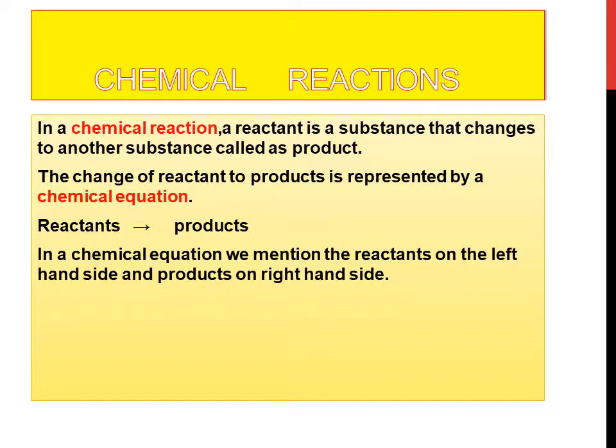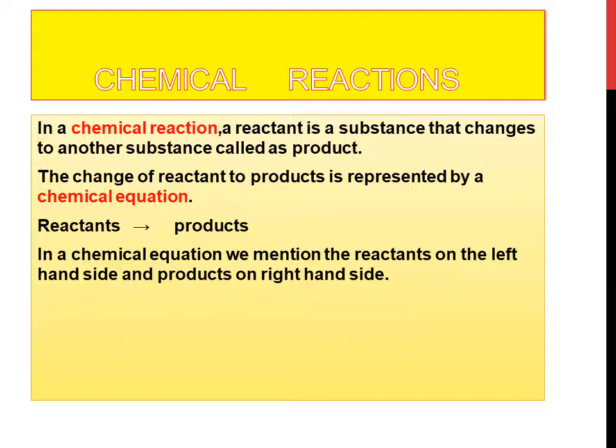Okay, so what does that mean? In a chemical reaction, there's a transformation of a substance. One substance changes into another substance, right? So for properly understanding a chemical reaction, we must identify those substances with the help of which we can start and with the help of which we can end. So these substances are called reactants and products.